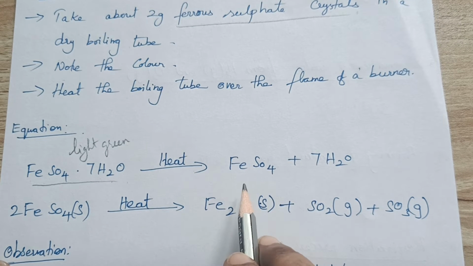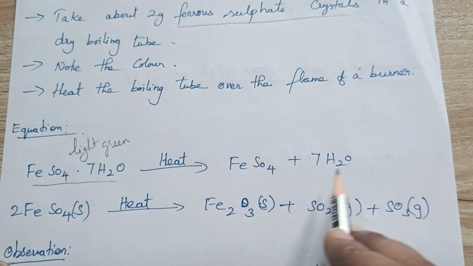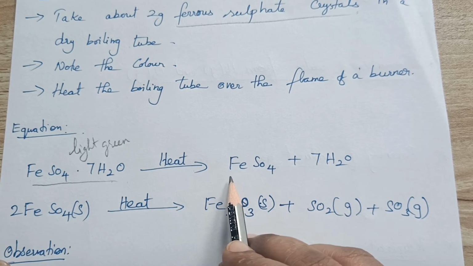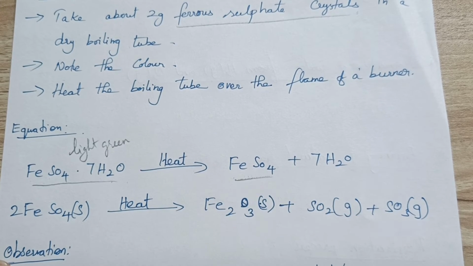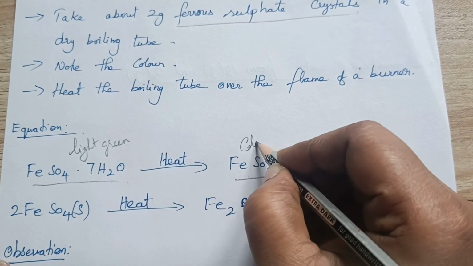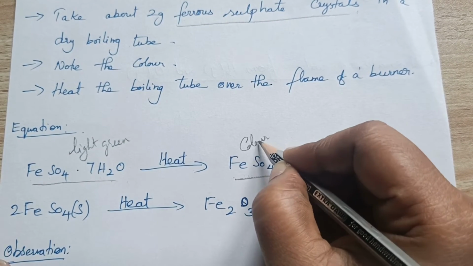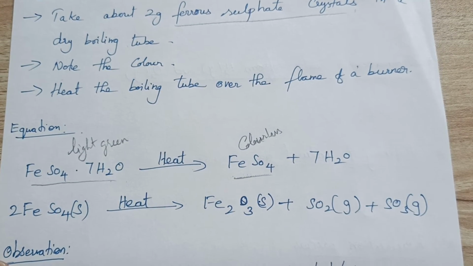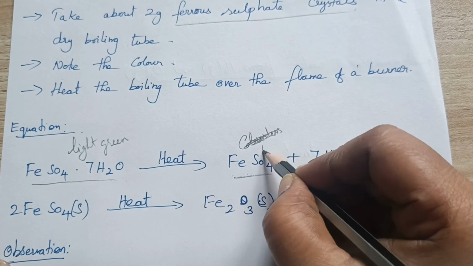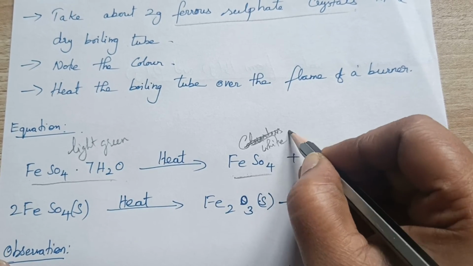Upon heating, it will release this water, so it will be separated. It gives FeSO4, which is white in color.